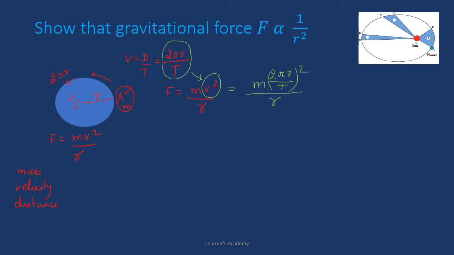Now we have to solve it further. What do we get? m, 2 squared will be 4, pi squared, and r squared, divided by t squared, and this will be divided by r.